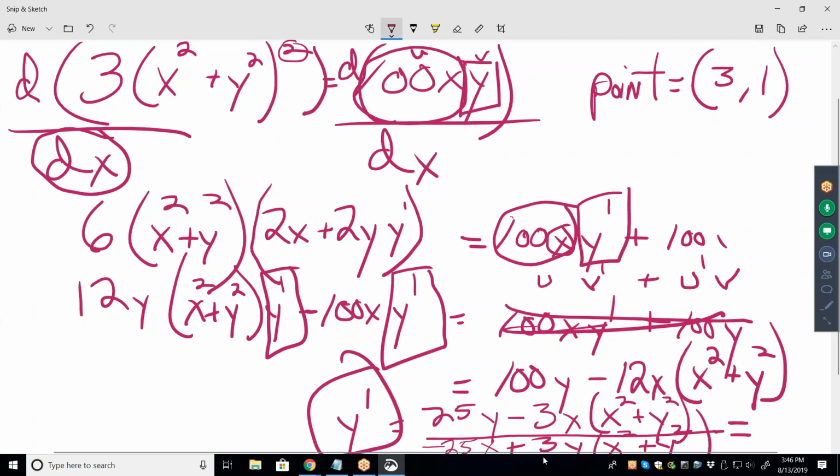So you would plug in 3 and 1 into the slope. Exactly. And you don't need to do this math. That's what you get right there. It's just more algebra. So that's the slope.